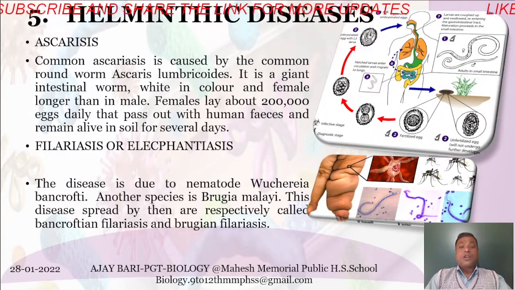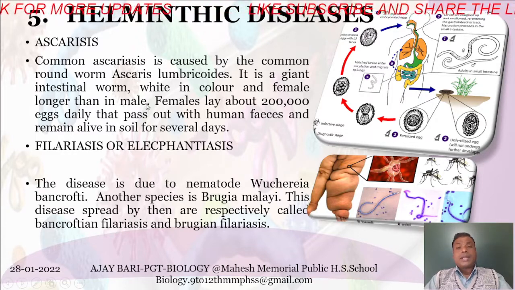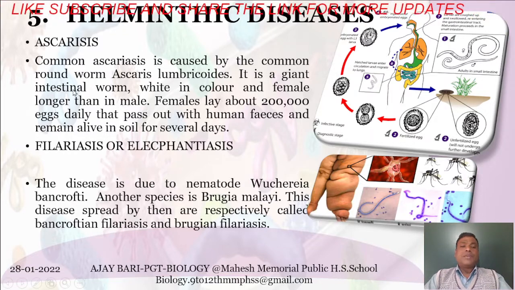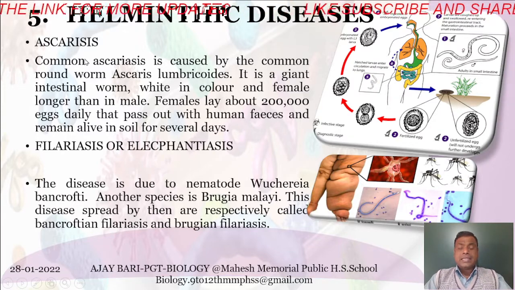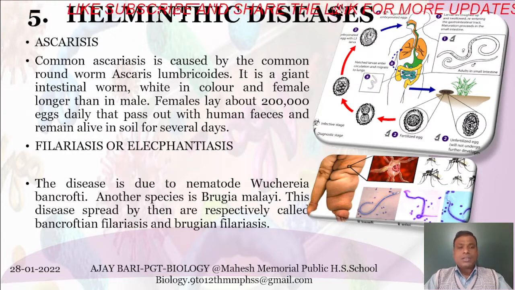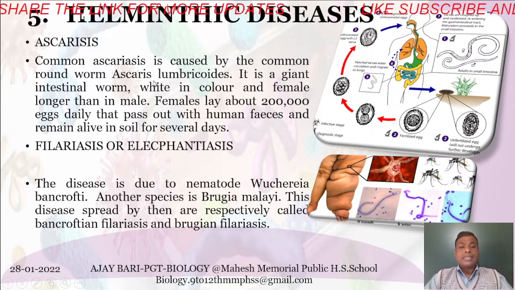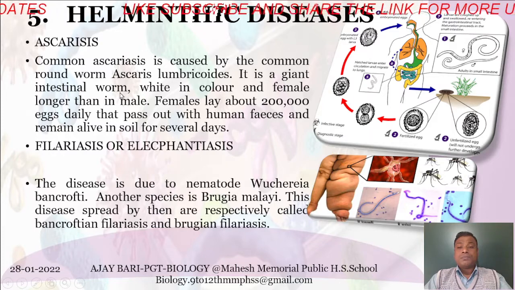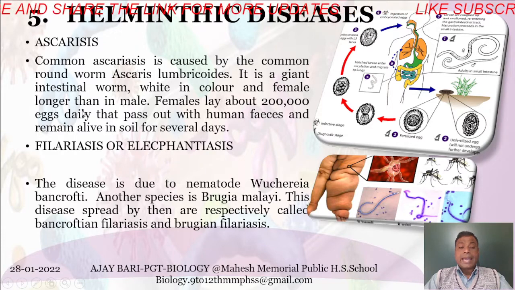We are not going into more detail on fungal infections, but we will cover the helminth diseases. They are also referred to as parasites. In helminths, the worms are included, flatworms and roundworms. The worms we are talking about here are Ascariasis and Filariasis. Ascariasis is a common worm infection, mainly seen in small kids. It is caused by the common roundworm, Ascaris lumbricoides, a giant intestinal worm. The female lays approximately 2 lakh eggs a day.